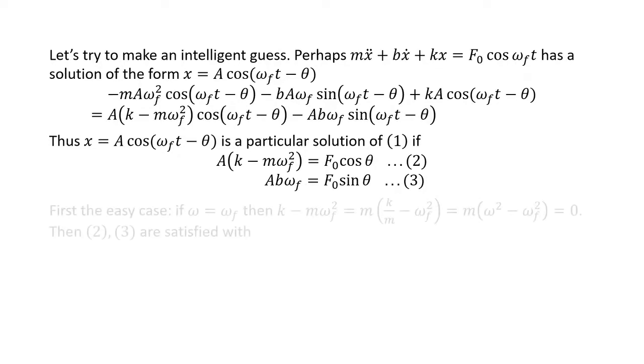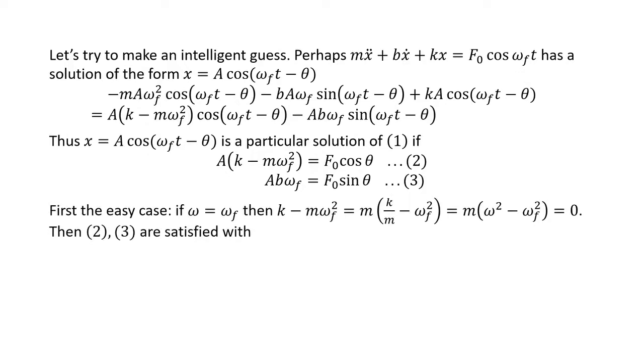Okay, so I can, well, yes, let's first cover the easy case. Because notice that this omega, which is the natural frequency of the associated homogeneous differential equation, so this is just k over m, if that is the same as the angular frequency of the external force, then look at this term.